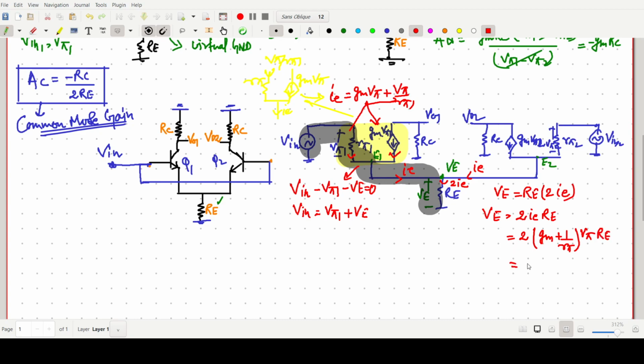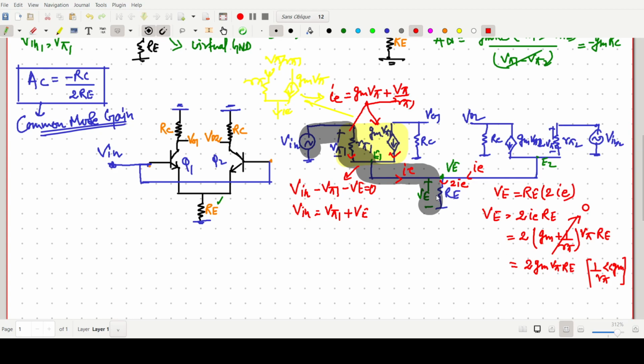Or one can write this as twice GM V pi RE, because I am selecting 1 by R pi to be much lesser than GM. So we can neglect this thing to 0, because this value is 1 by R pi, 1 by some several kilo ohm, so it should be nearly 0. So we can write this as twice times RE GM V pi.